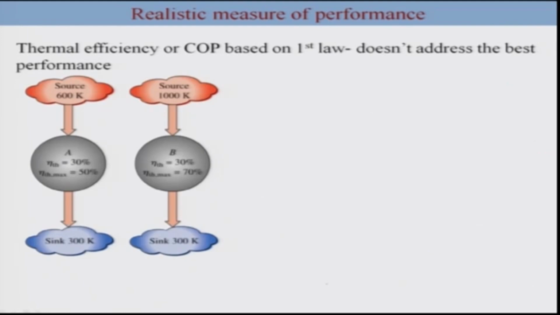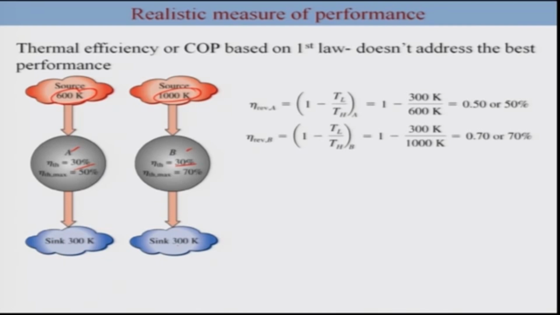So, here for example, you have two devices, A and B. Both have a thermal efficiency of 30%, however the sources are at different temperatures, assuming the sink to be the environment at the same temperature. Based on the reversible heat engine efficiency, the maximum efficiency for A is 50%, for B is 70%. So, certainly it appears that B is performing much lower compared to its maximum ability.